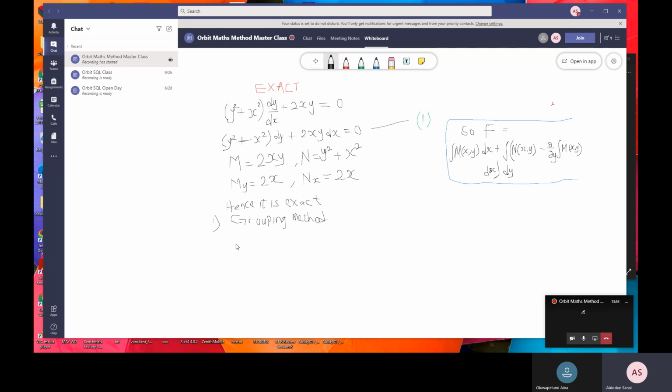If I expand it, I have y squared dy plus x squared dy plus 2xy dx equals 0.